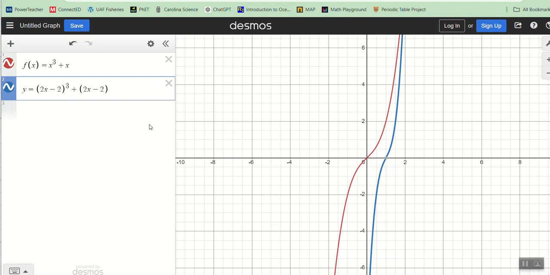It's a weird thing, but what I want to think about is, did I move too far? What I mean by that is if we put these 2's here, having this number inside makes it harder to deal with.